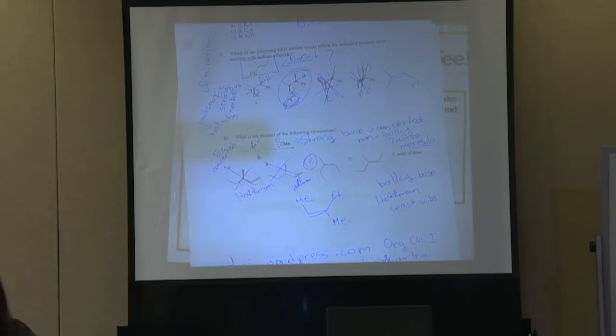Everybody good? If you only have one beta proton, yes, because you just have to make sure that they're anti. You don't have to worry about it. All you pick is whether it's Zaitsev or Hoffman first, and cis or trans, which we said trans is usually more stable, so you're going to go with trans. But with two beta protons, it's always going to be trans, and it's more stable.